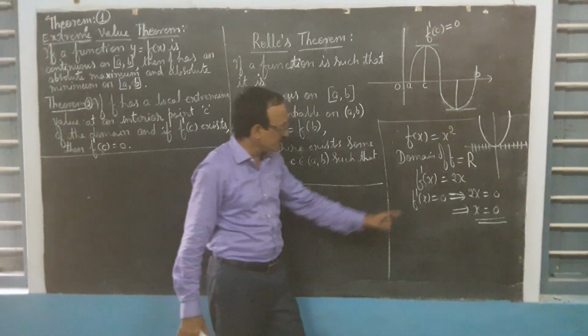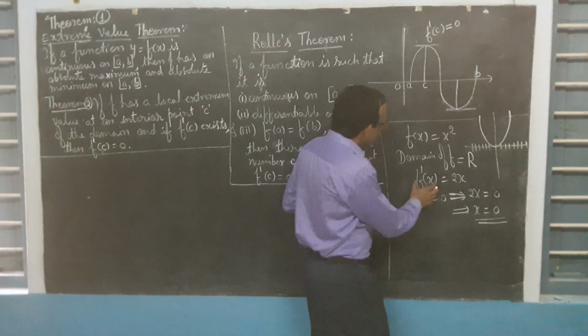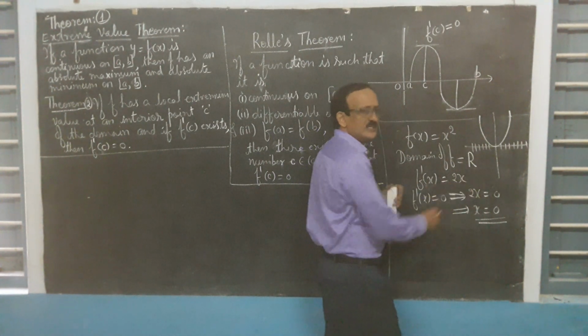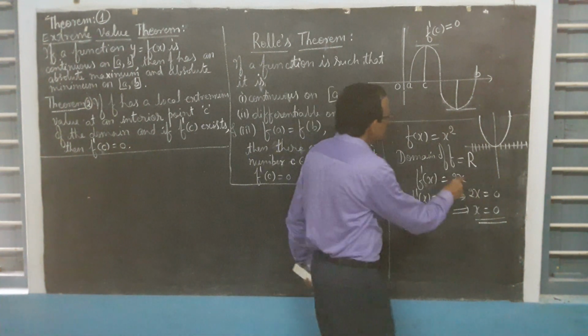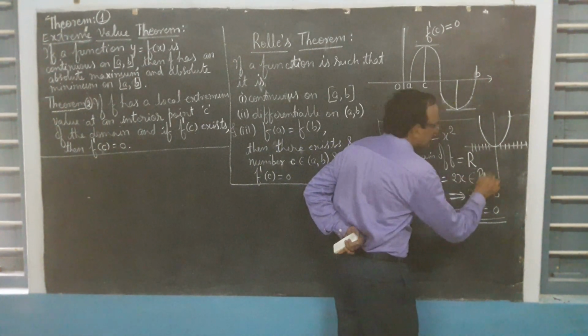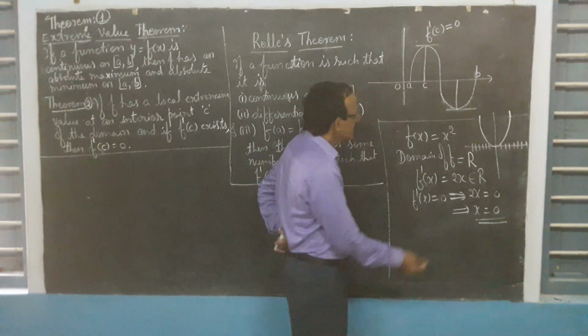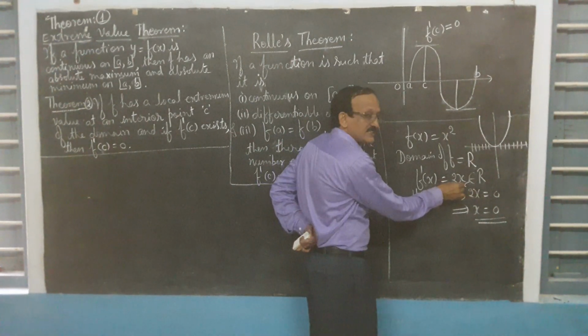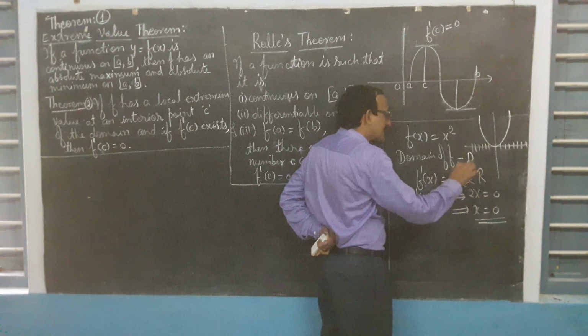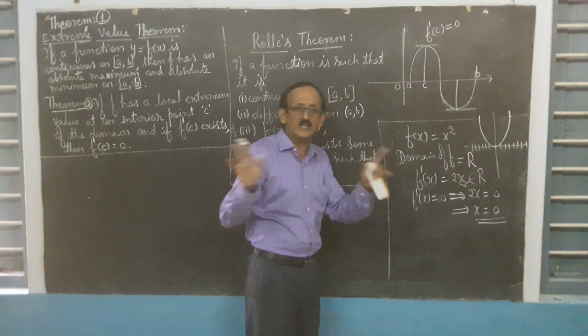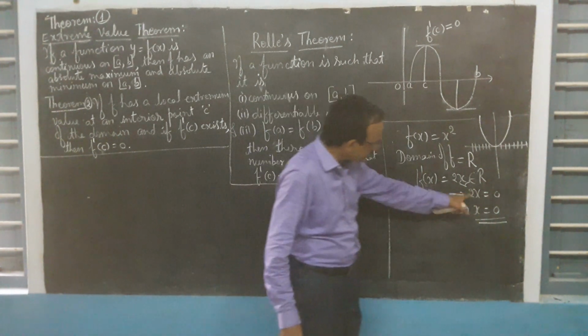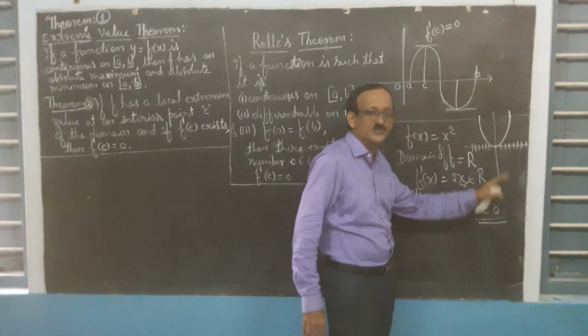The derivative value is 2x, a polynomial term, so for each real value of x, 2x is always a real number. Therefore, 2x equals 0 implies x equals 0.